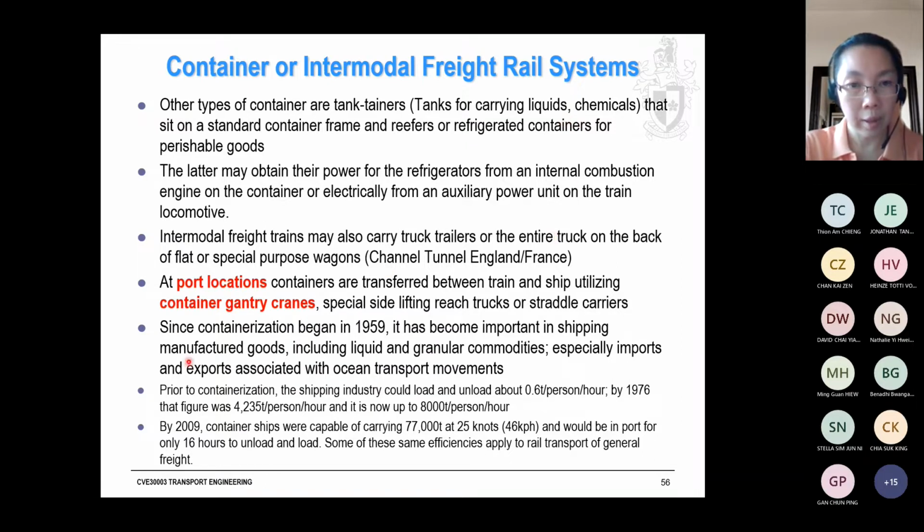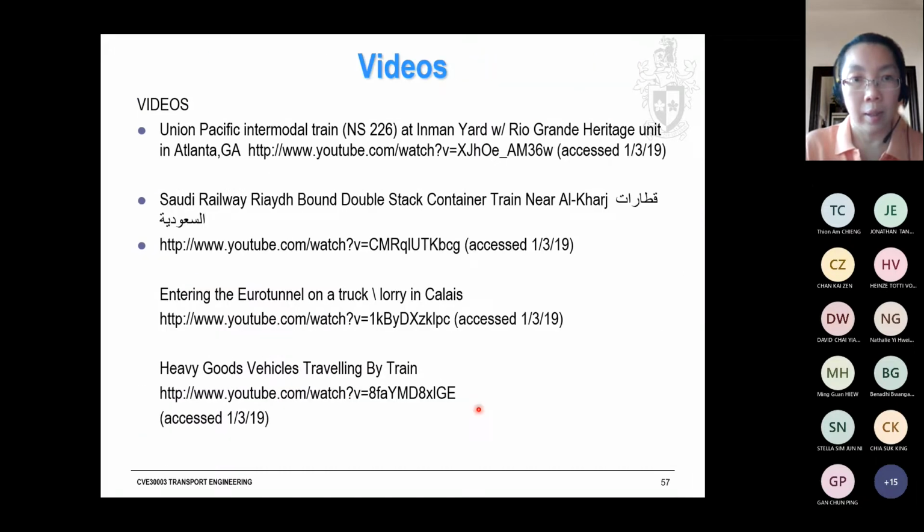All right, the rest is not so important. Again, you can have a look at this. One of these videos, you would see a very long, heavy goods vehicle. Let me try this one.